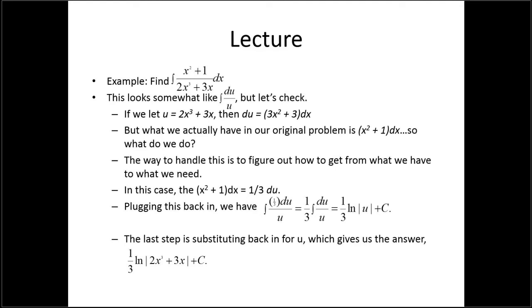So if we put all of this back in, we have 1/3 of du divided by u. Again, it's a constant, so we could pull it out. So we have 1/3 times the integral of du over u, and the integral of du over u is always going to be the natural log of u plus c. So if we back substitute, we get 1/3 times the natural log of 2x cubed plus 3x plus c.